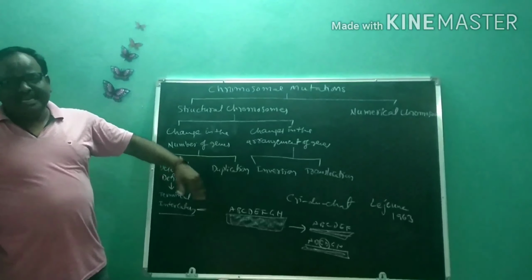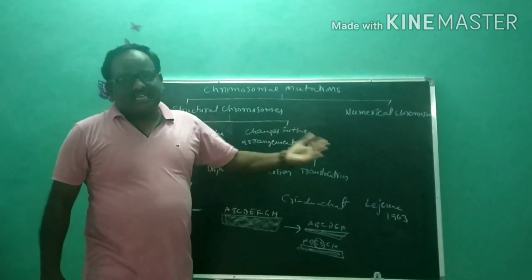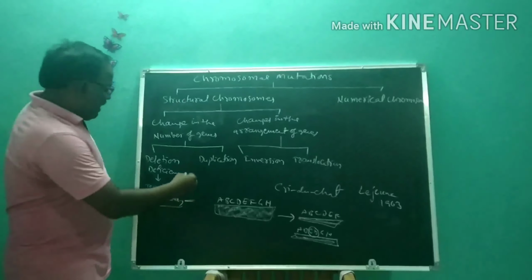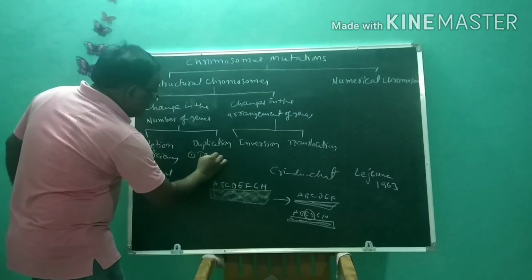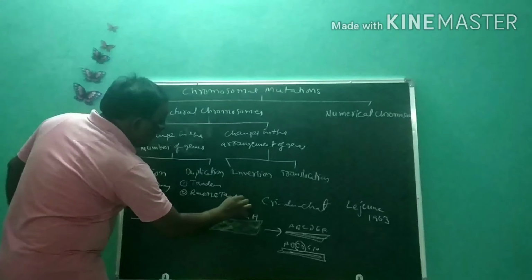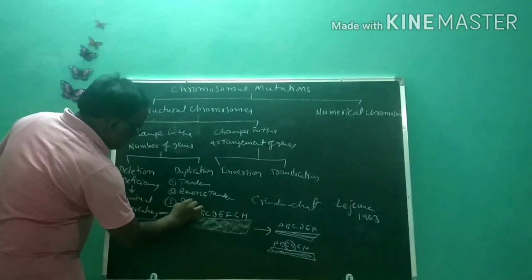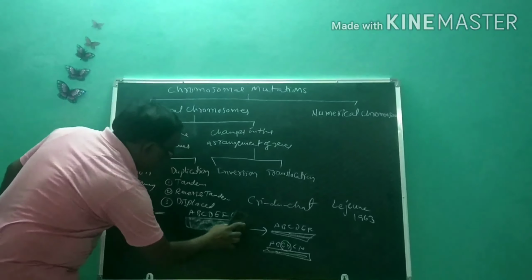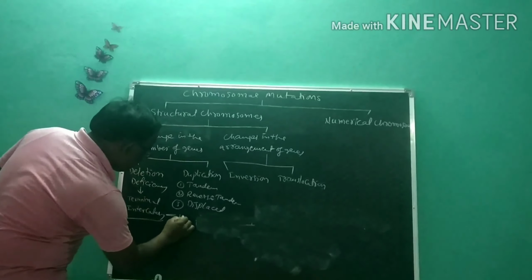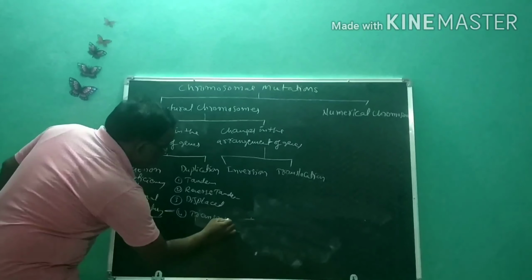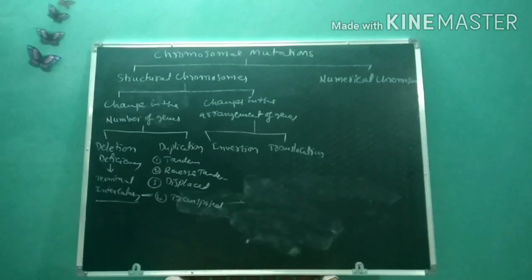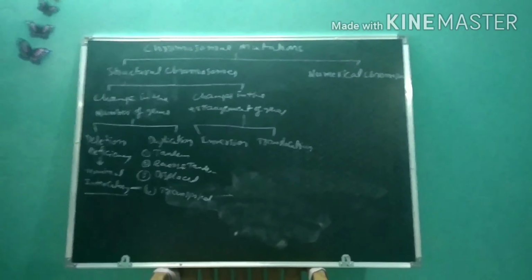In duplication, segments are multiplied, so extra segments are added. There are four types of duplication: tandem duplication, reverse tandem duplication, displaced duplication, and transposed duplication.